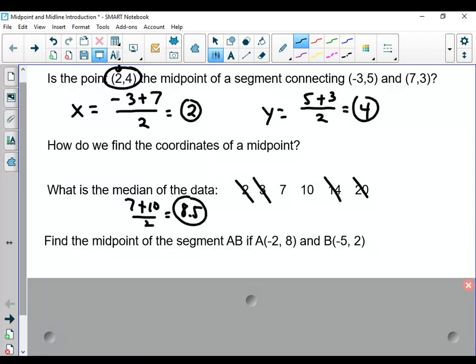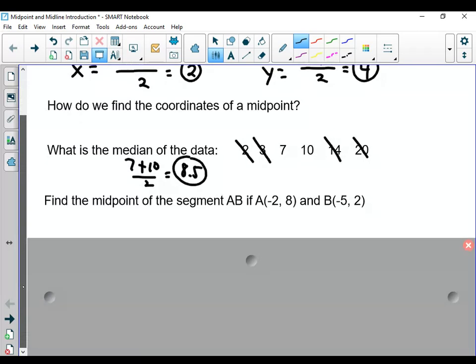Some of the problems you may see, and it may look like this, it may say, okay, find the midpoint of a certain segment when you know the two endpoints. We know one of them is at -2.8. We know the other one's at -5.2. We'll find that midpoint again. It's just as simple as taking the x's, adding them together, dividing them by 2. So what are my x values on this one? -2 and -5.